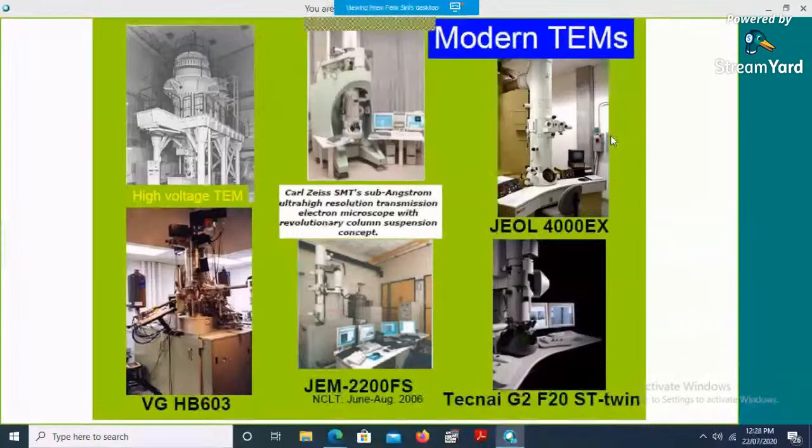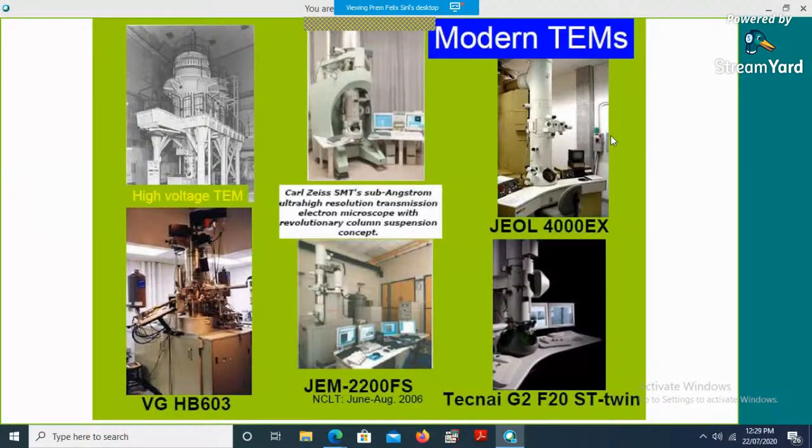So very high acceleration voltages are used in TEM. That is why you get better resolution.